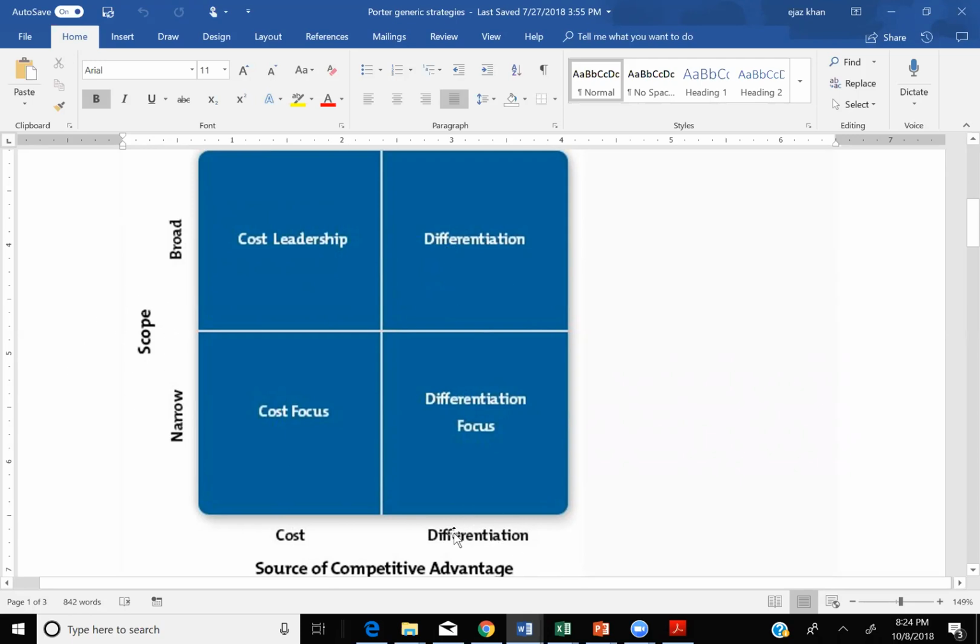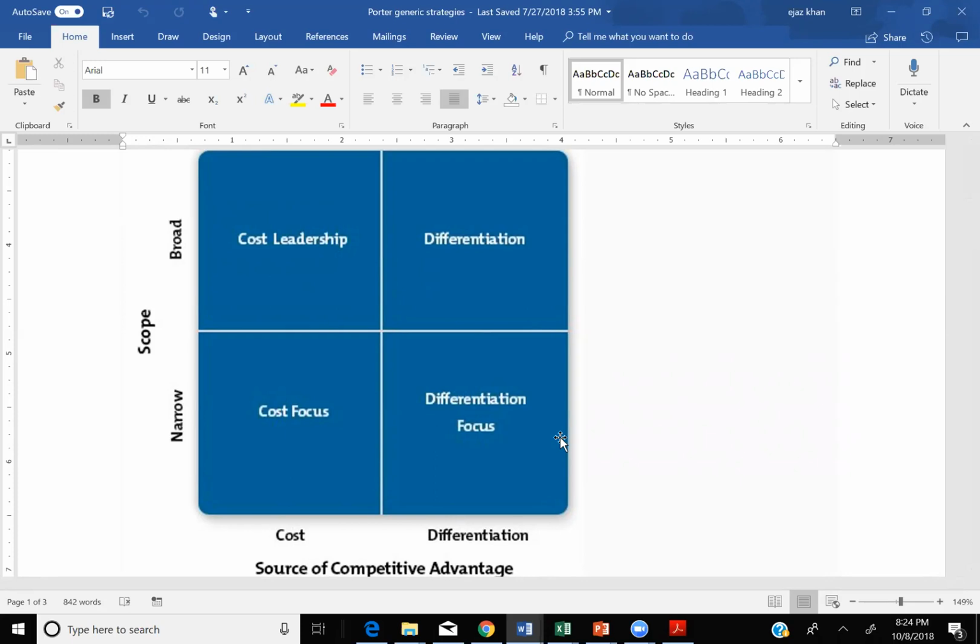So let's say if a company wants to pursue a differentiation strategy only for a particular product or only for a particular market niche, then it will be pursuing differentiation focus, which means that it will be coming up with a particular product which will have unique features offered to a particular market segment.